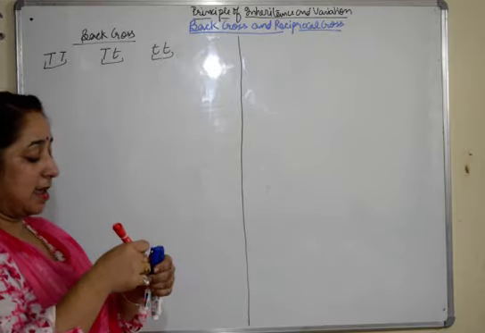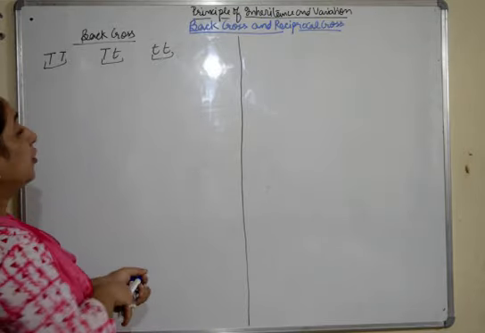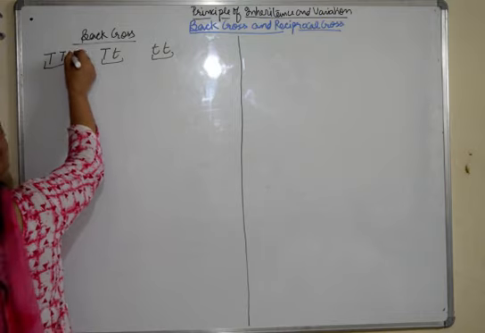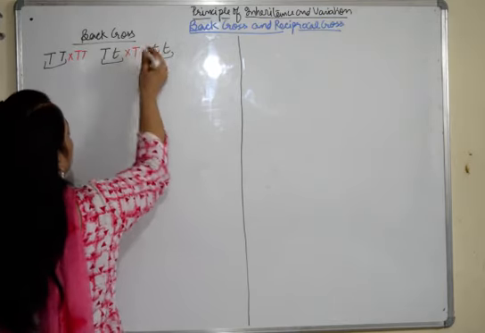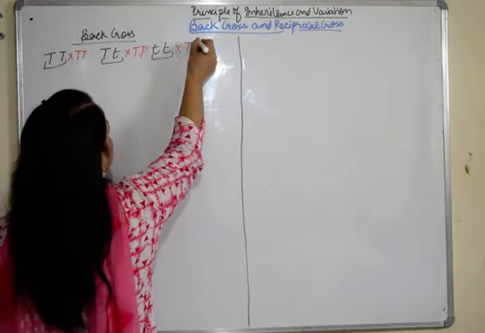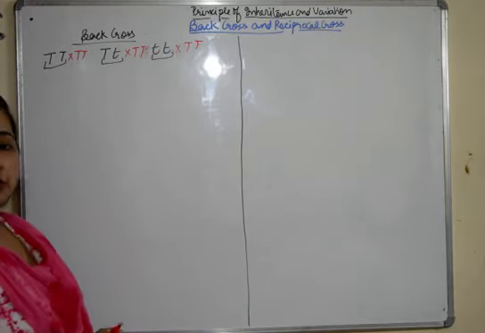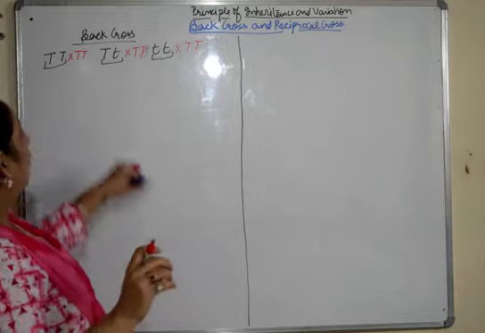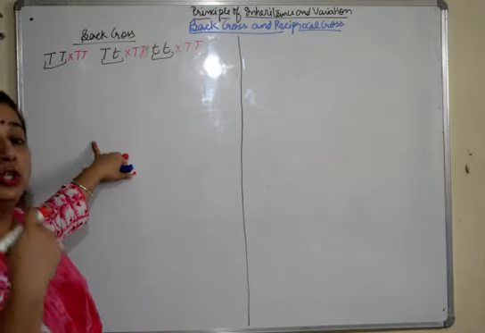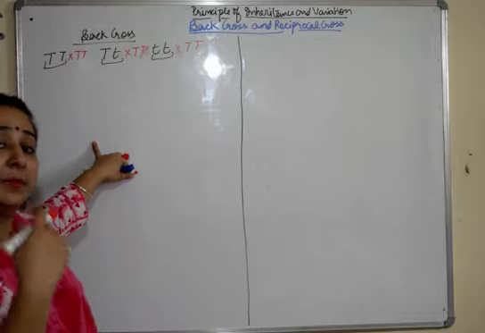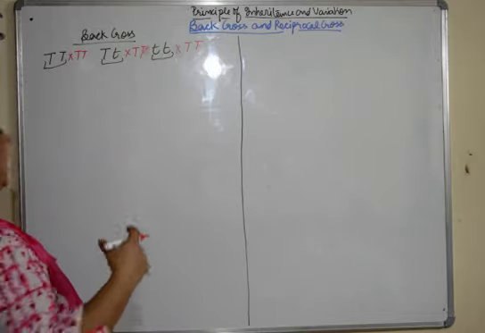But when I say a back cross, any of these conditions are crossed with a homozygous dominant parent. So this would be the definition of a back cross: when the offspring is crossed with the homozygous dominant parent, we call it a back cross.